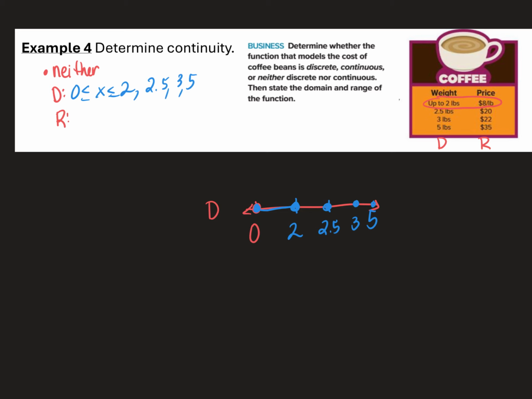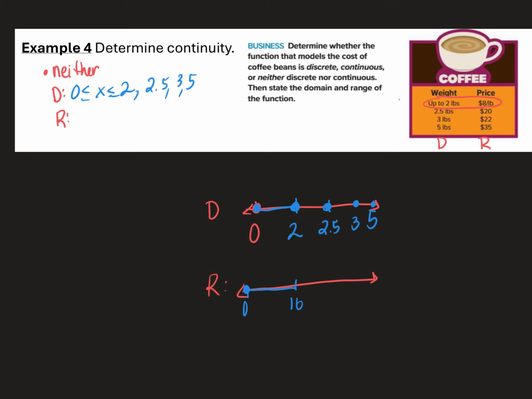And then for our range, it's going to be from 0 to 16. Now, why 16? It says up to 2 pounds, $8 per pound.